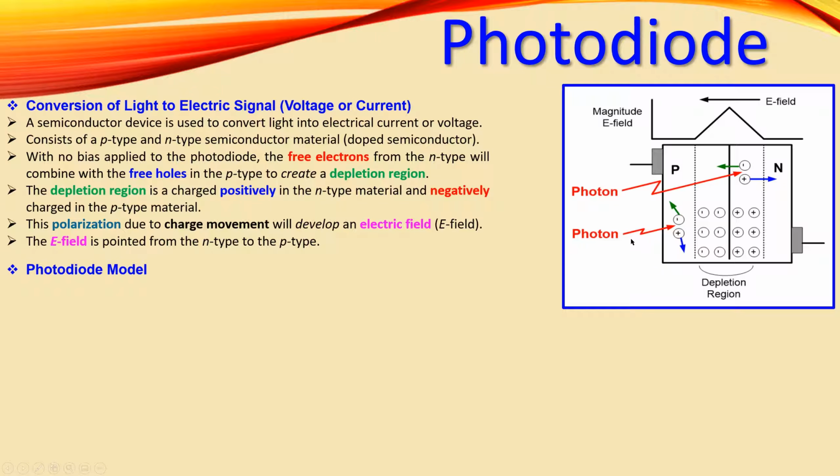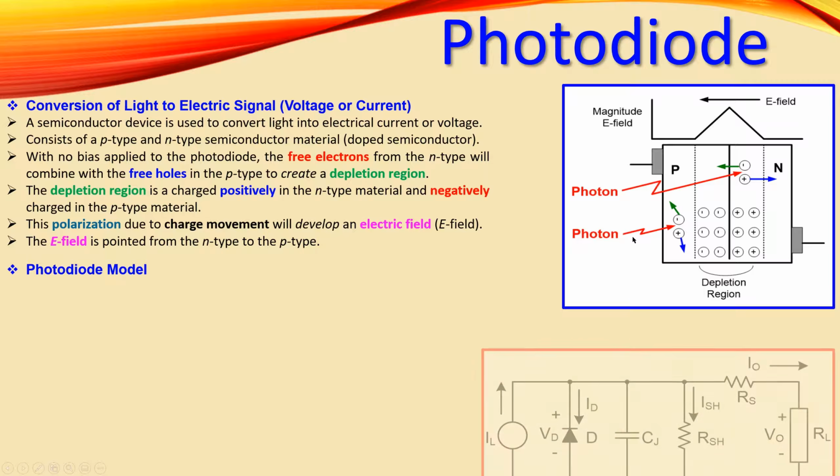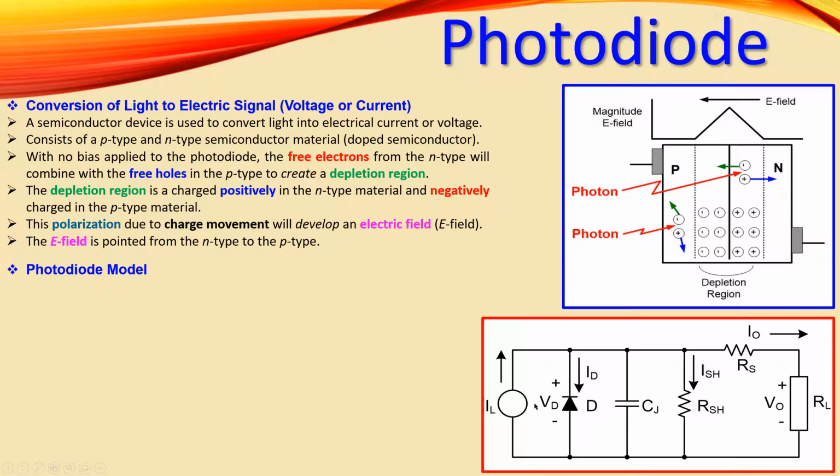Now if you look at the photodiode model, which is shown here as a circuit, we have a number of parameters. Of course, this is just a model. You can add more, or you can of course also skip one of these elements of the model. Now let's look at the key parameters for our noise analysis. We will of course discuss them in the example in the second part of this video.